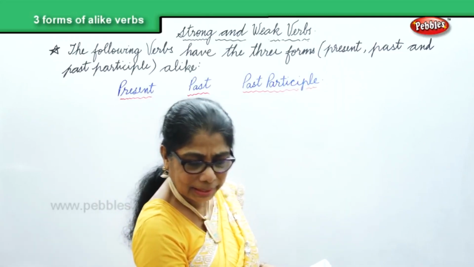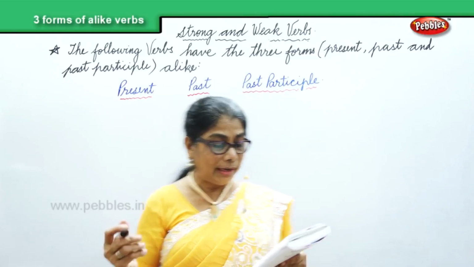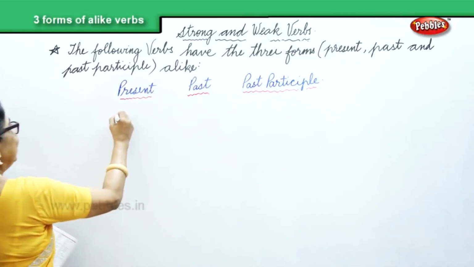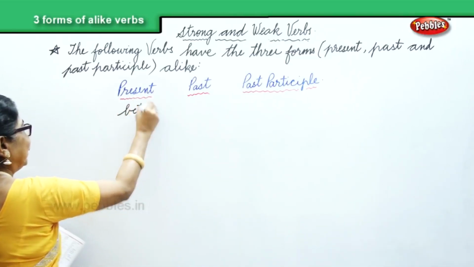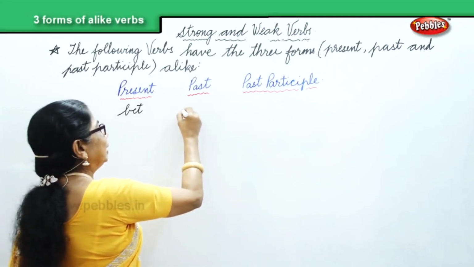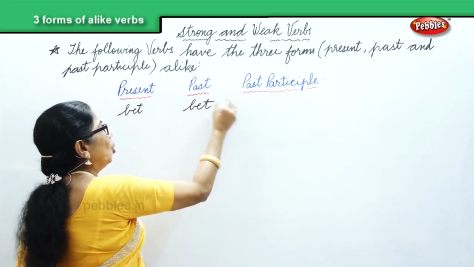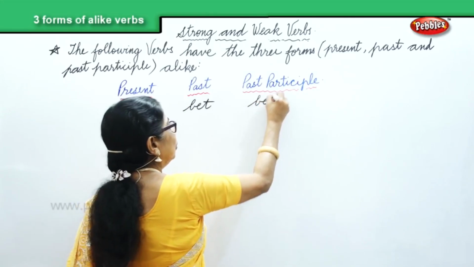And this particular set, what I'm going to write, bet. When we say bet, for the present, past, and past participle, they're all bet only.